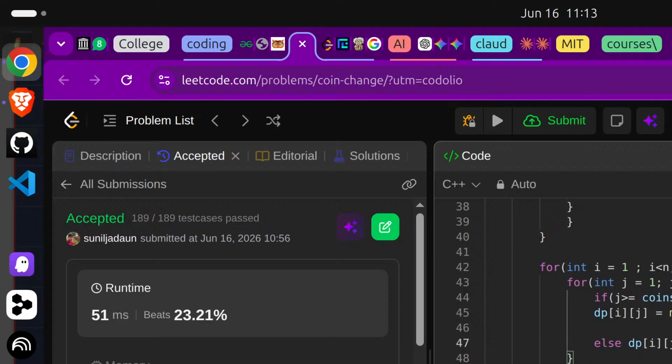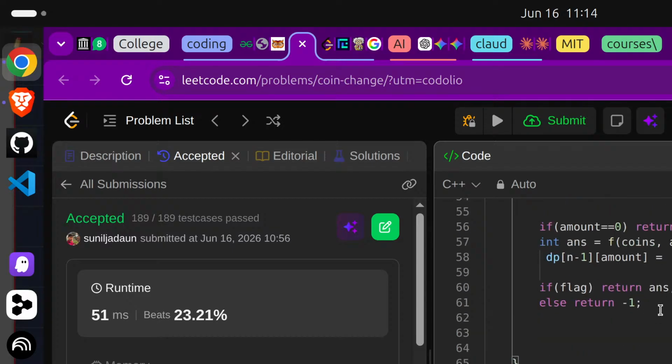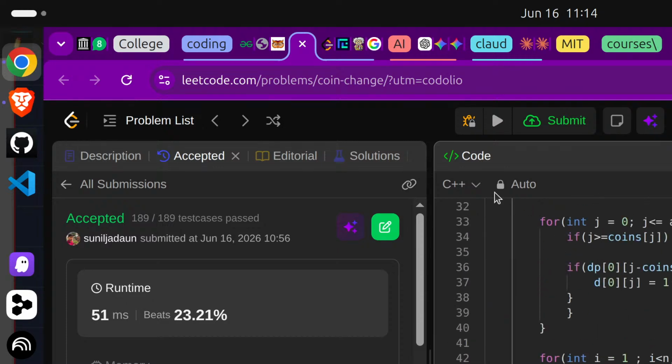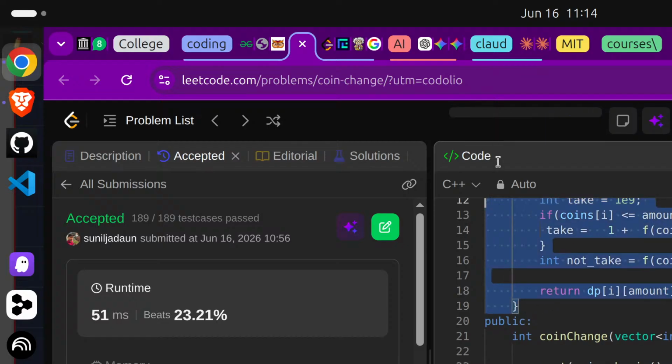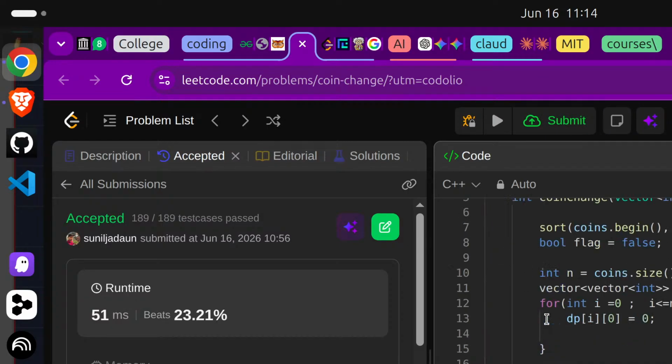Okay, then at the end what we can do, we can return dp of n minus 1 comma amount. Okay, I think that's good. What do you think?